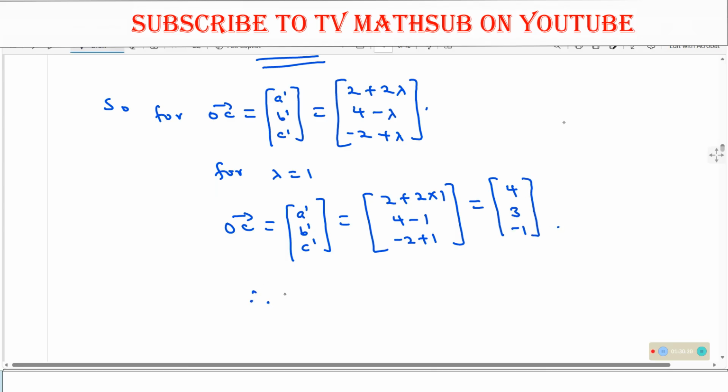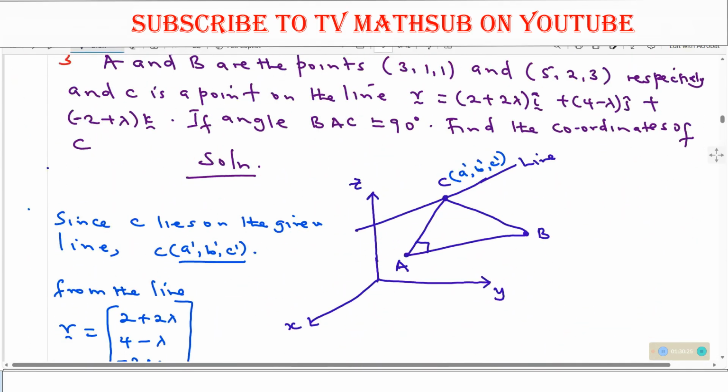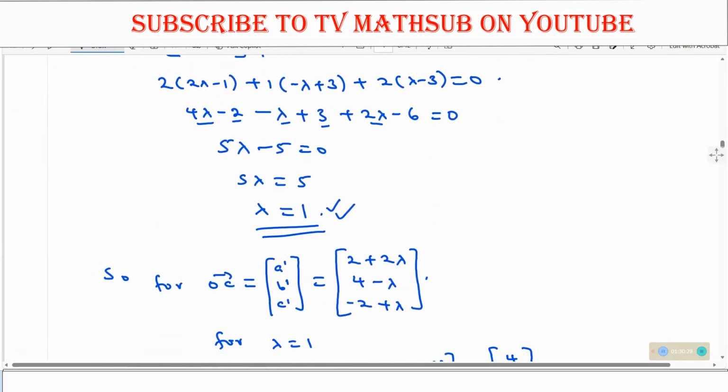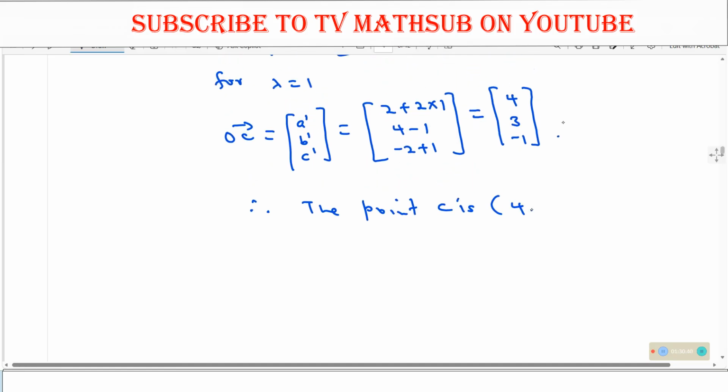So this implies that we needed the coordinates of C. The point C will be in coordinate form 4, 3, negative 1. And that will be the answer.